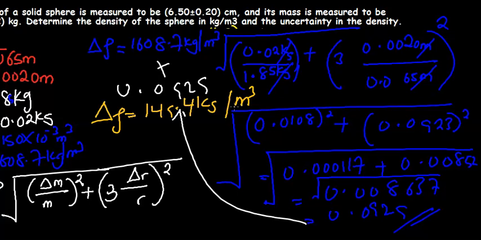So the density of this sphere is approximately 1609 kilogram per meter cube, with an uncertainty of plus or minus 149 kilogram per meter cube. So this is it for this problem, and I hope you find it helpful.